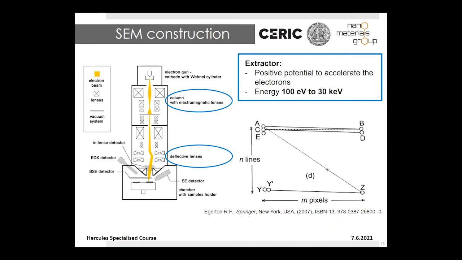After all that, we have deflection lenses. The function is to scan on the sample surface. So we are moving there and back by these deflection lenses to have an image of our sample.